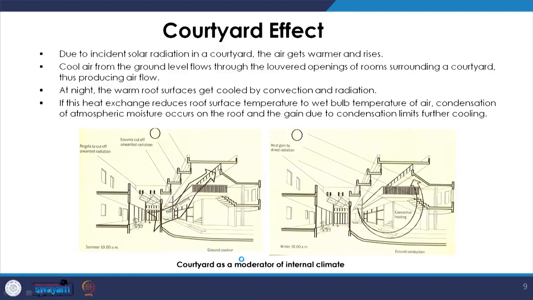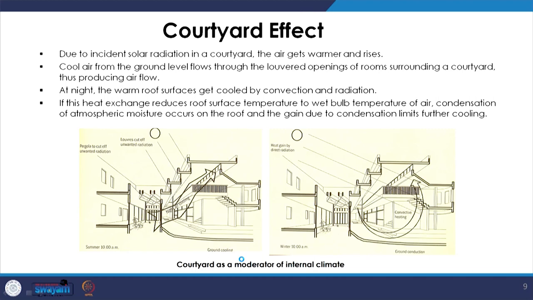So, there is very little amount of heat which is transferred to the indoors: largely reflected, the rest of it re-emitted, and very little portion of it is transmitted inside. That is the overall functioning of a cool roof. So, there are cool roof paints available, there are cool roof materials which are available, and it is becoming quite popular across the world.